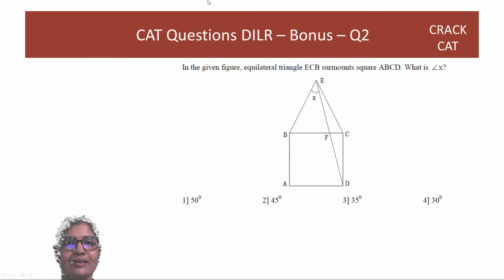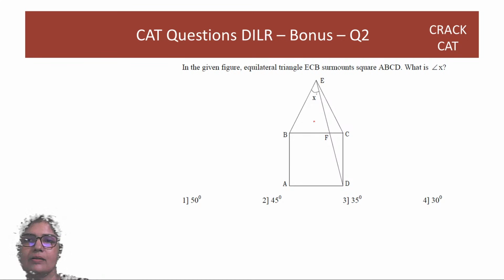Next question. In the given figure, equilateral triangle ECB surmounts square ABCD. What is angle X? This angle. So it's coming right from the top.